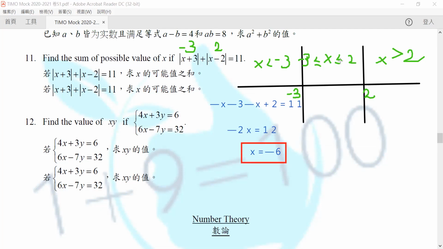Now the next part, x is within 2 and -3. So then we know that the first one is positive while the second one is negative.